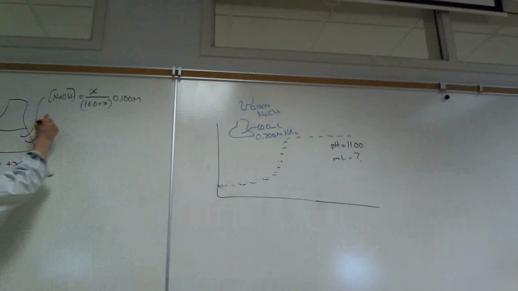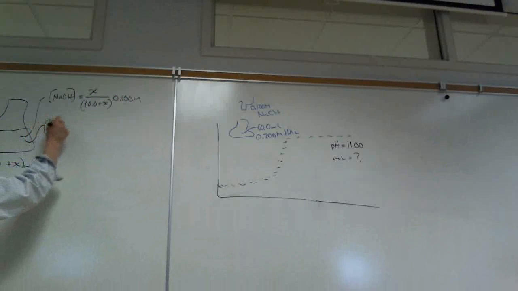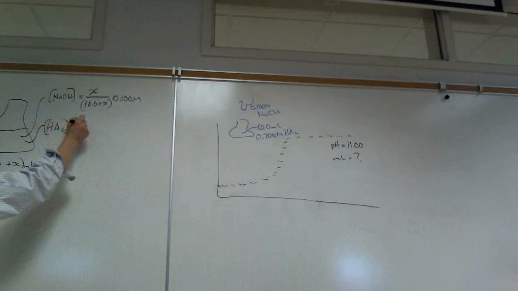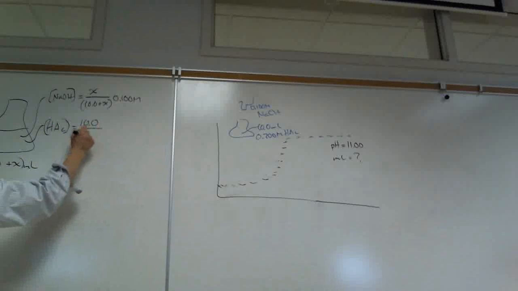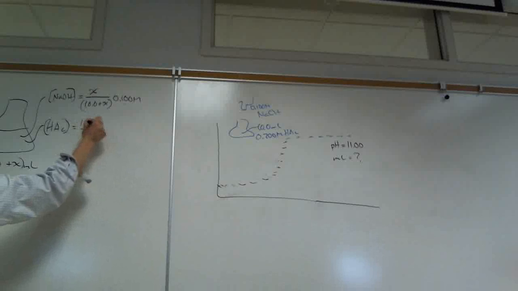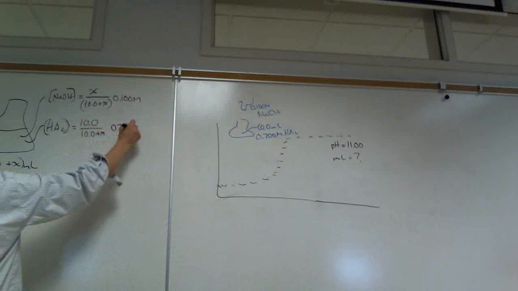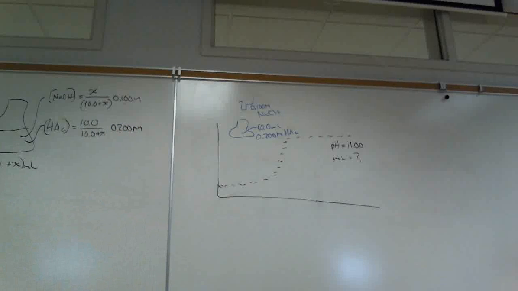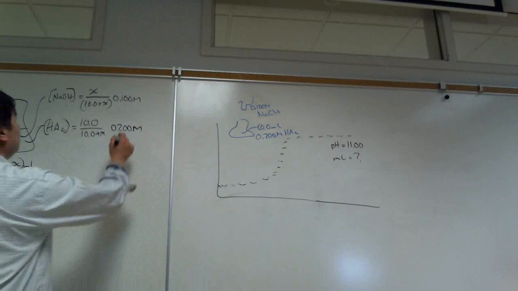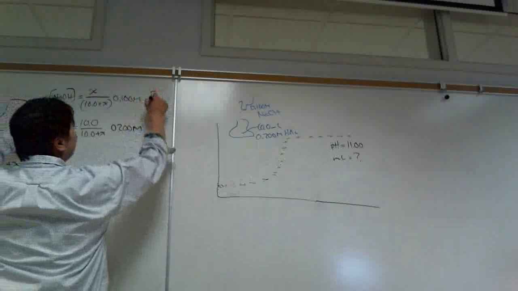And then the acetic acid concentration is going to be 10.0 over 10.0 plus X times 0.200 molar. Right? All right, so this is what we call the initial sodium hydroxide.